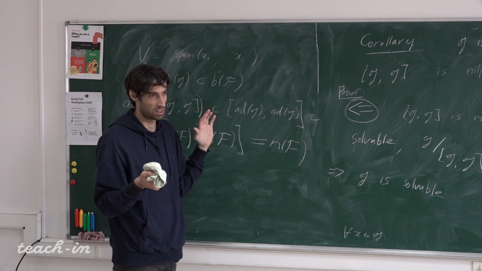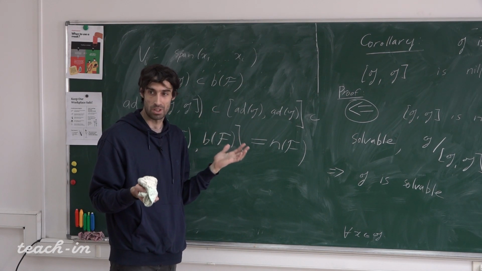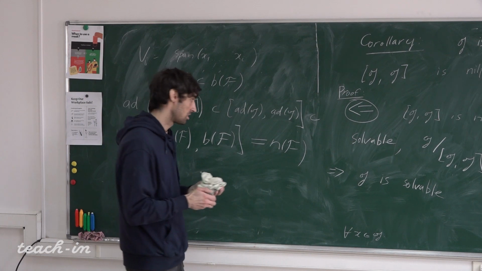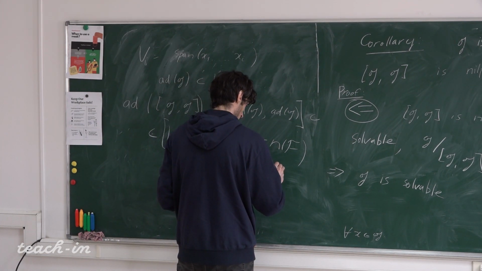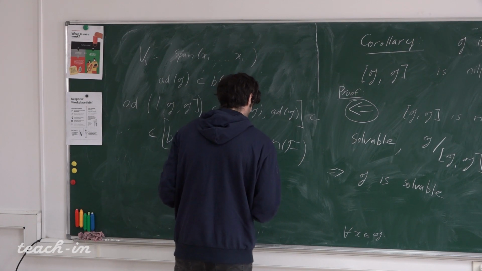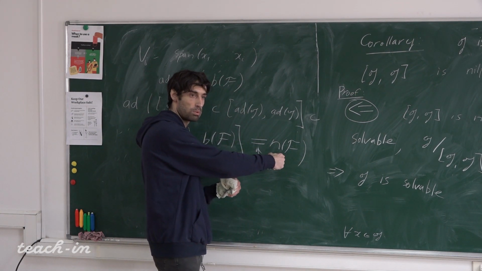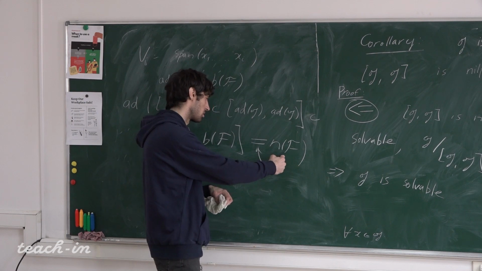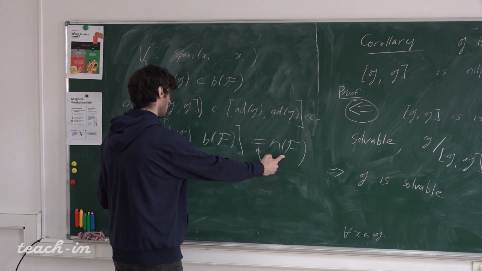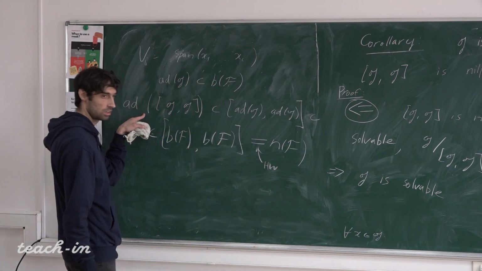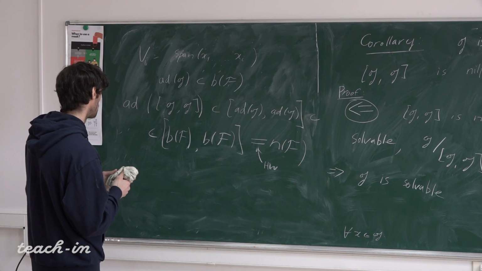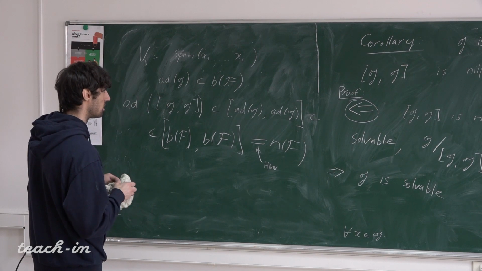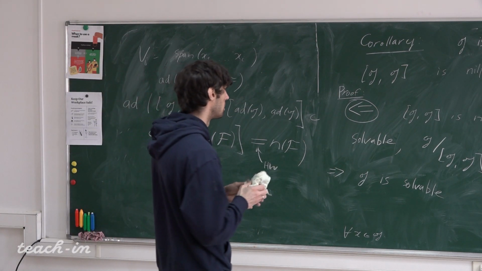That's a little bit less clear, but I think you can do this. So this is homework. I will send it to you. But this thing is nilpotent, and this thing is an ideal inside nilpotent, right?